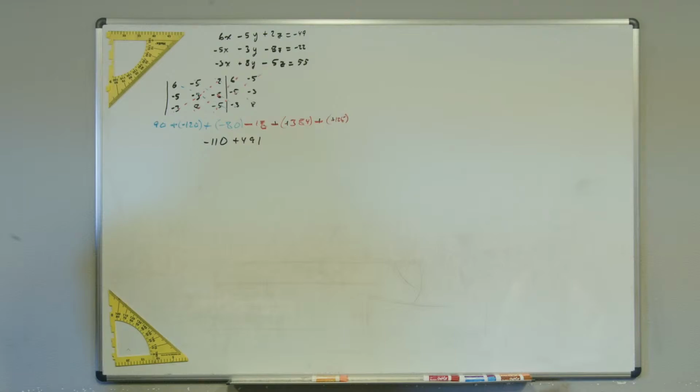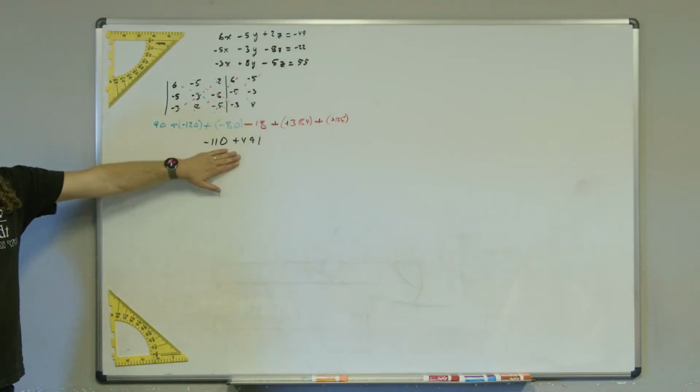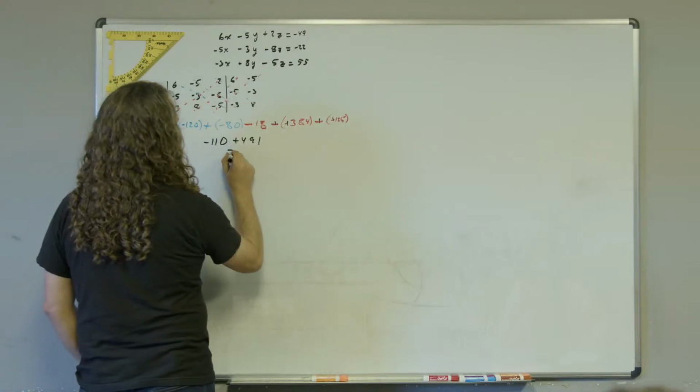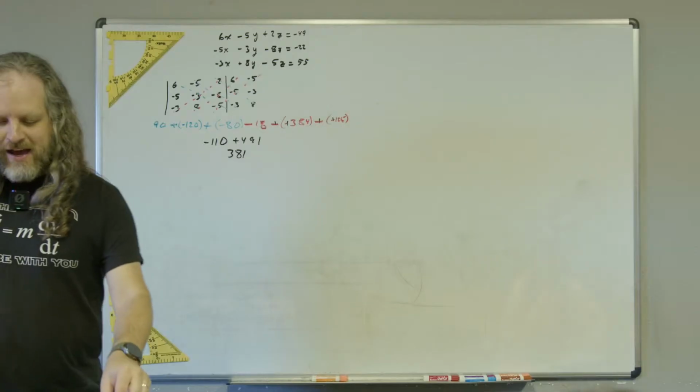Nine plus 8 is 17. Are you sure that's right? Oh, that's negative. Just kidding. Negative 110 plus 491 is what? 381. Great. Now that we have that, what now?